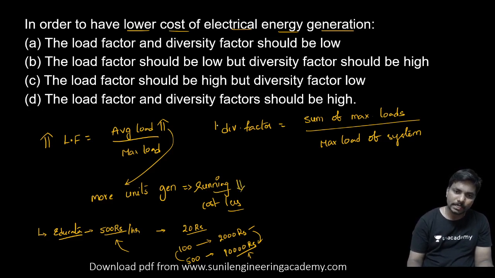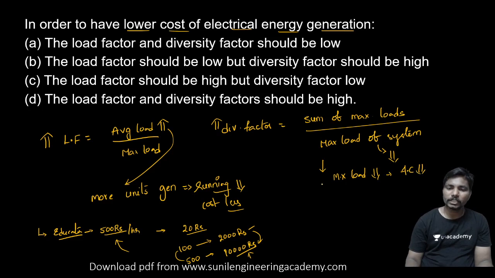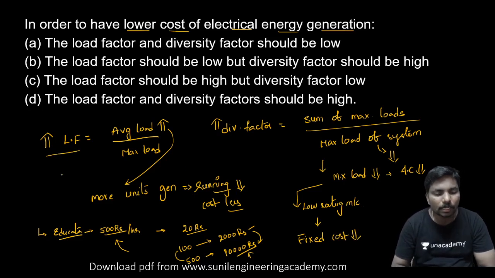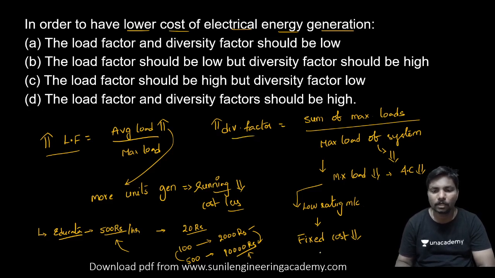In the same way, as the diversity factor is more, the maximum load of the system is less. As the maximum load of the system is less, we can go for a lower installed capacity. If installed capacity is low, low rating machines are enough, so the fixed cost is reduced. So the higher the load factor, the lower the running cost; the higher the diversity factor, the lower the fixed cost.